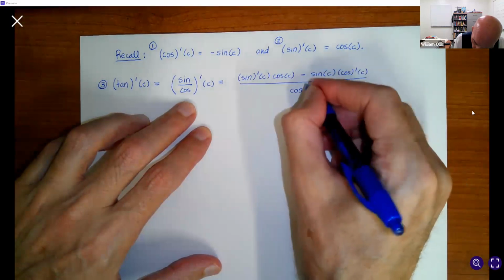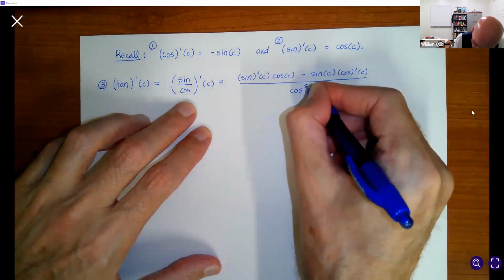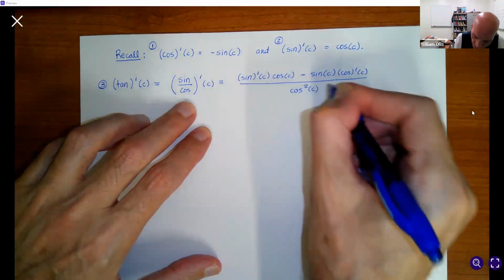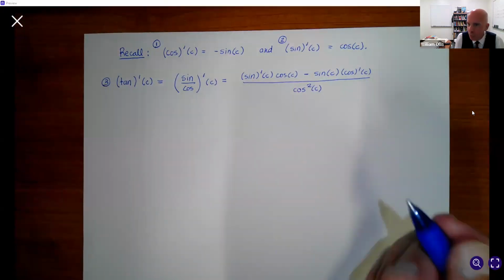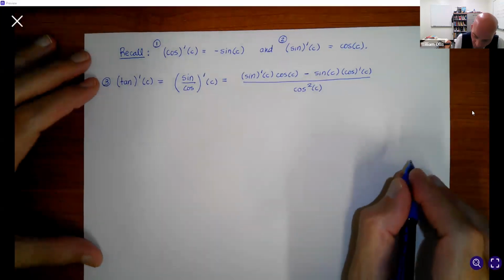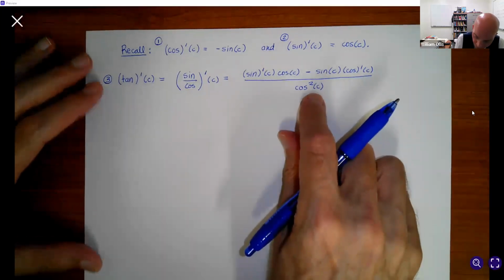And now if you want, you can just write cosine squared of C. Like I said before, since we don't seem to have a problem doing it with the trig functions, I don't know why F and G were any different. But there we have it.